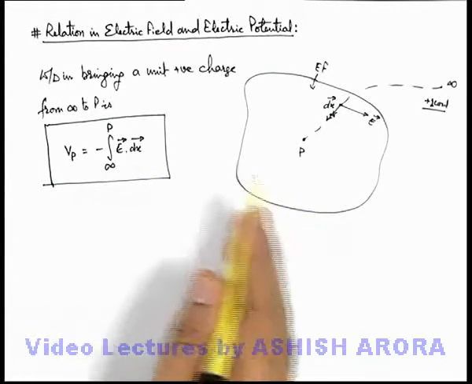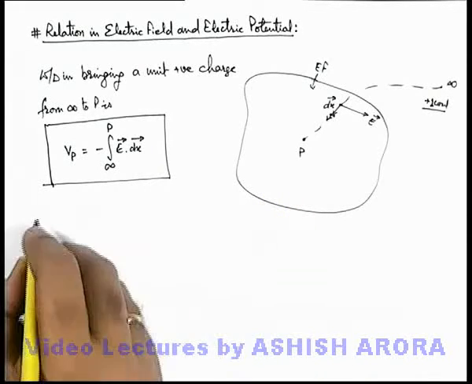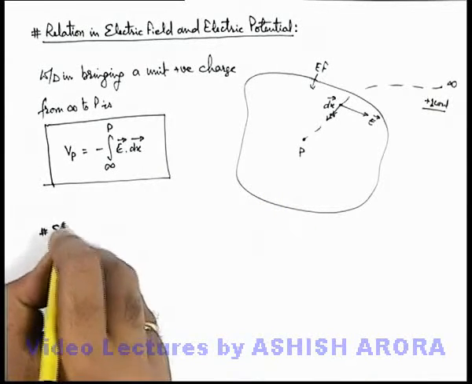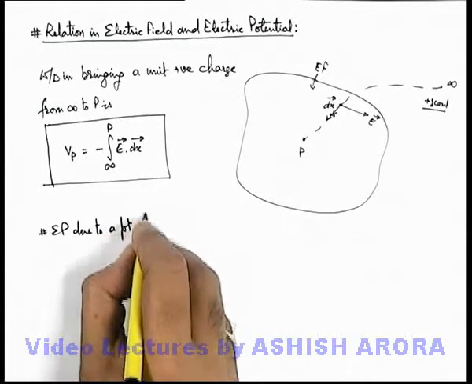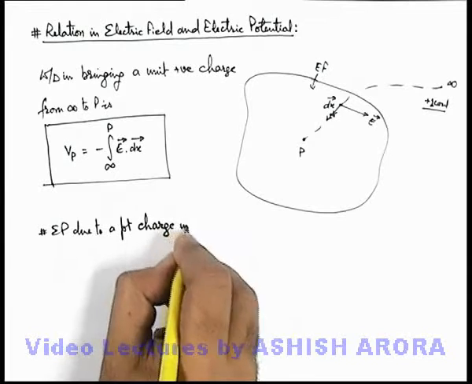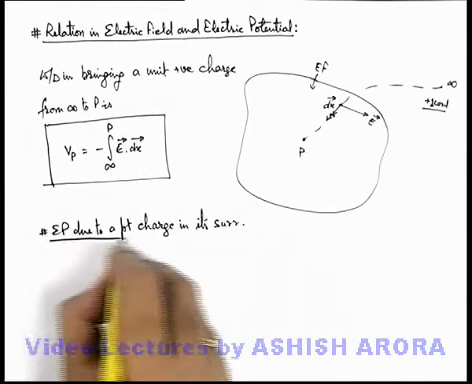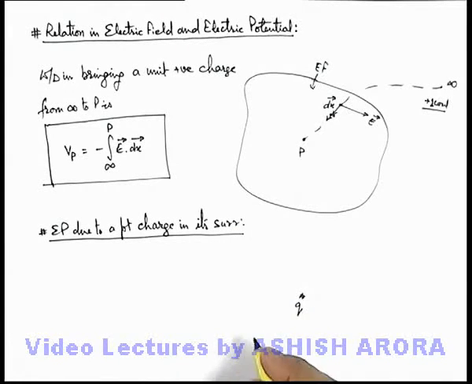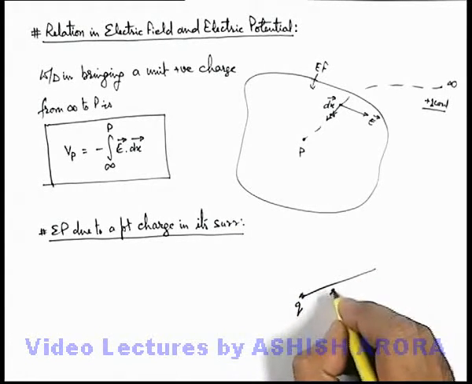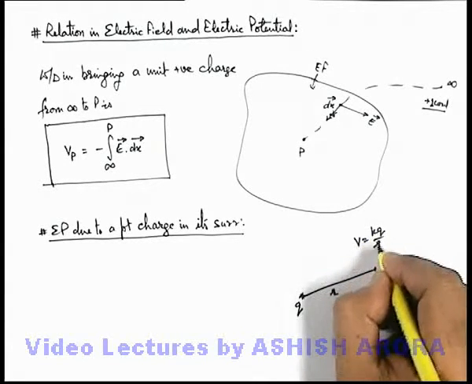The same we can use in various calculations which we have done earlier, like electric potential due to a point charge in its surroundings. That also can be calculated by using this method if there is a charge Q. We already discussed that at a distance r at point P, the potential is given as kQ by r.